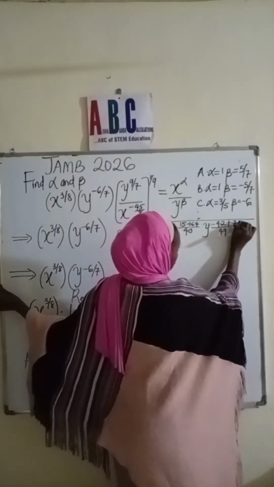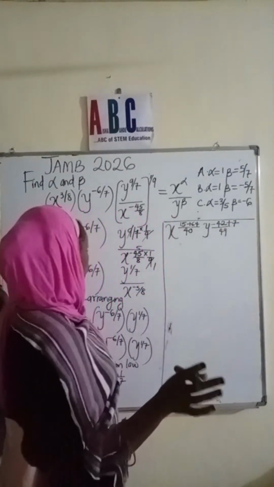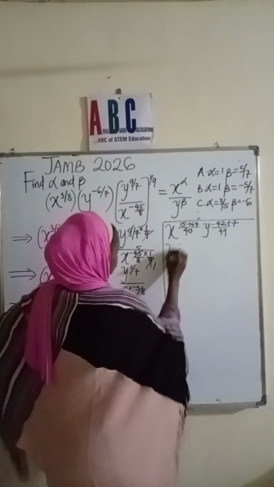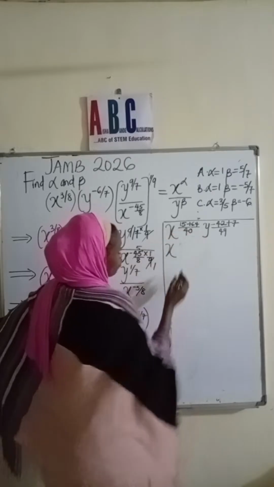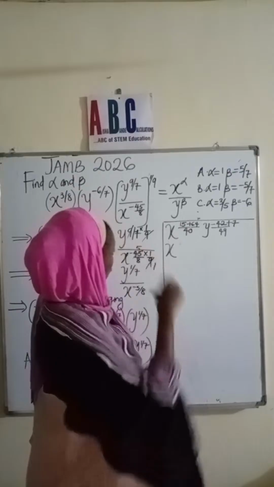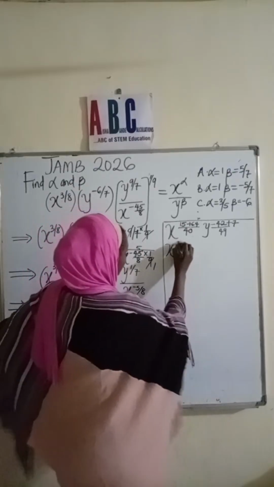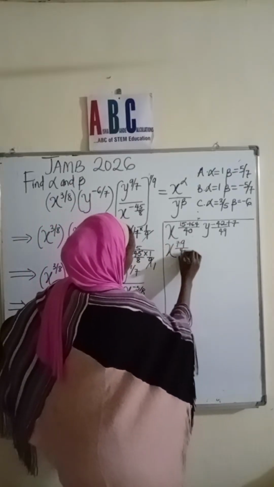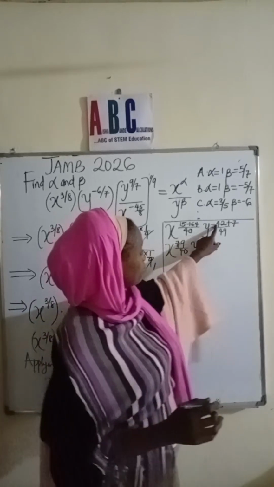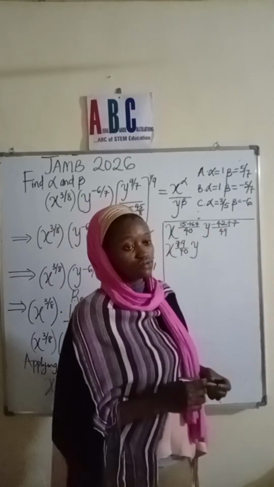Comment section, please, if anything is wrong at any point, let us know before we go far. Okay, so we have x to the power of 15 plus 64. 15 plus 64 is 79. So here we have 79 over 40. Then y to the power of minus 42 plus 7.